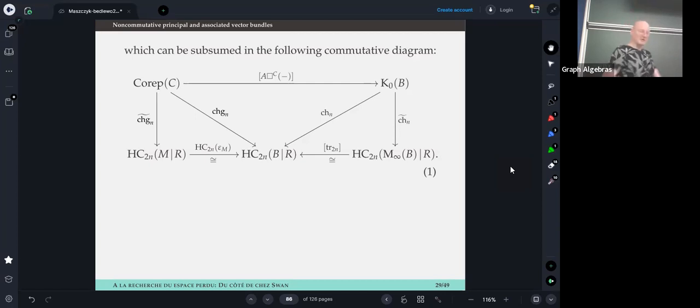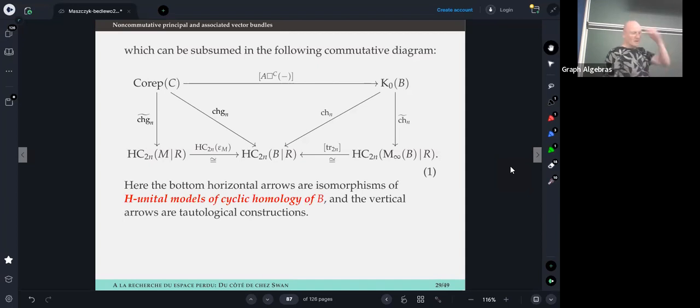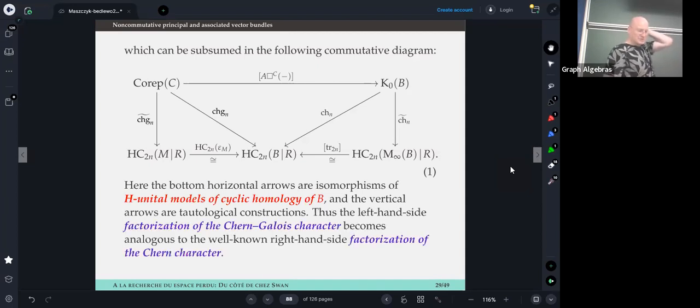And then on the level of this construction of infinite matrices, this Chern character can be described as a kind of tautology. So we found another tautological description on the left-hand side of our diagram, and you see complete symmetry. Behind this symmetry, there is some abstract approach which uses some generalized character.